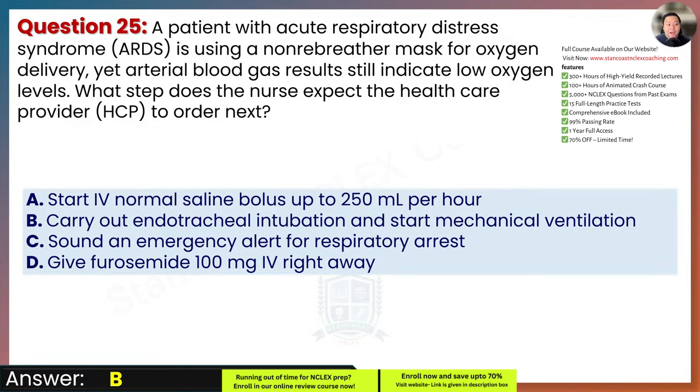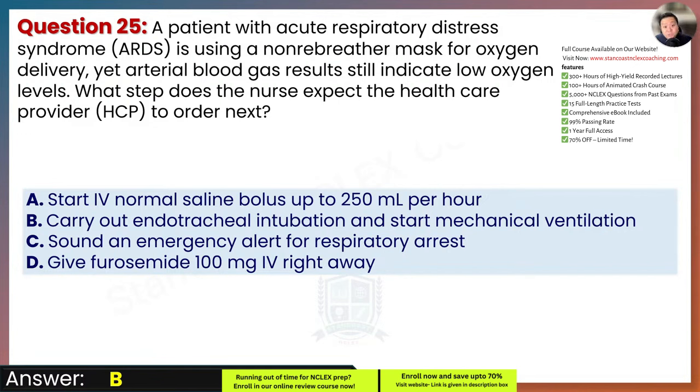And so why is B option correct here? Well, when the non-rebreather mask fails to improve the oxygenation, the intubation is the next step here. Also the mechanical ventilation. And these two allow the healthcare provider or the team to control the patient's breathing. It will improve the oxygenation.